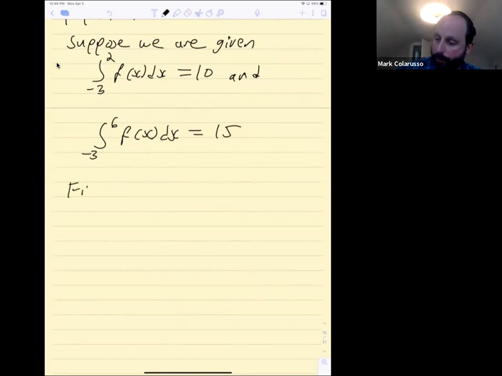And we want to find the integral from 2 to 6 of f(x) dx.